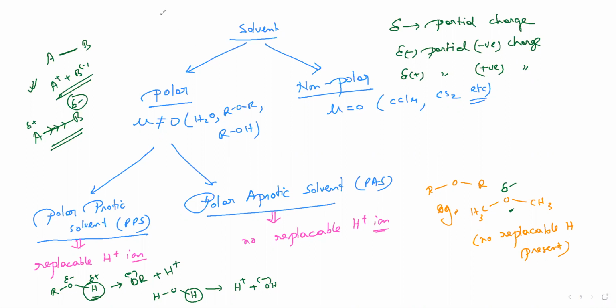Now, how does the carbocation get generated? Suppose I have R-LG, where LG is the leaving group. LG can be any leaving group.